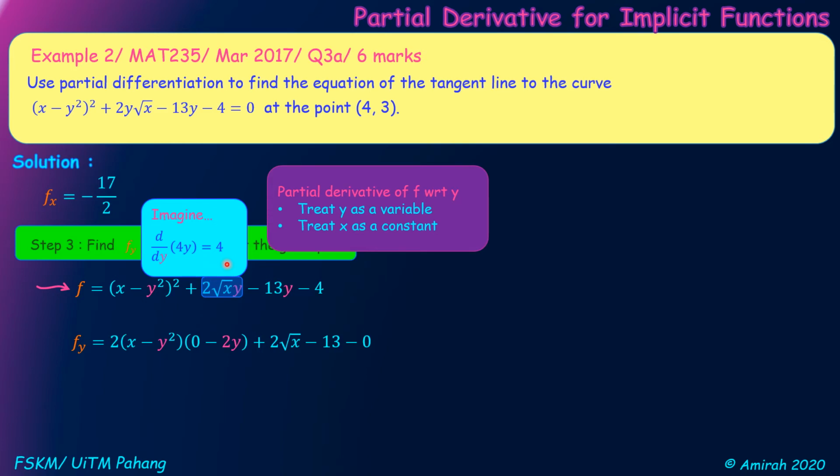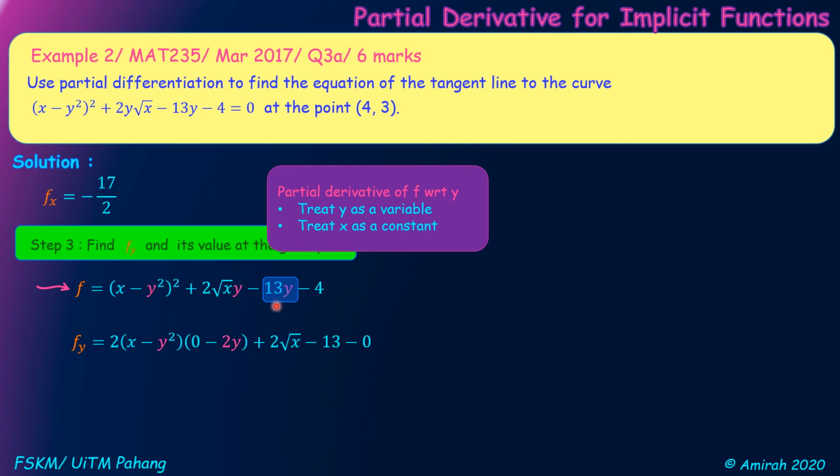The answer equals 4. 4 means constant. So when we differentiate constant times y with respect to y, the answer equals the constant. The same goes for this function. When we differentiate 2/3 square root of x times y, 2/3 square root of x is a constant, so the answer equals that constant. We compare from here.